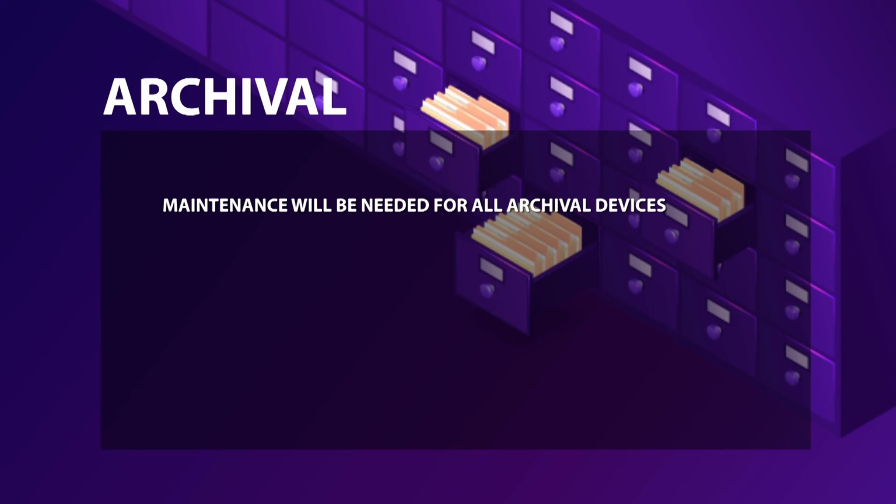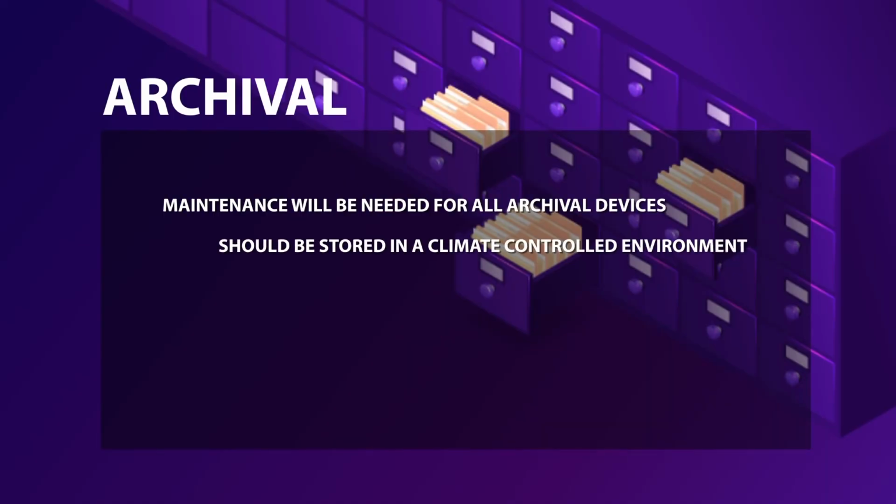What are the precautions that you would need to take for archival? Again, in backups, things are fine, because you would be exercising the backup now and then. And if nothing else, you would be replacing the backup with a more recent backup all the time. But what about archives? First of all, archival material should be stored in a climate controlled environment to minimize the chance of anything happening to the storage medium.